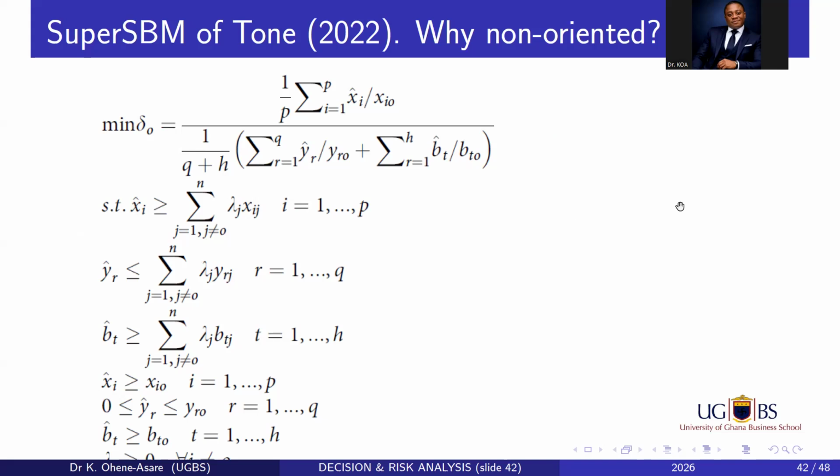Look, I'm here. What shows that this is a super SBM? The J not equals to 0. Again, down there, we have J not equals to 0.